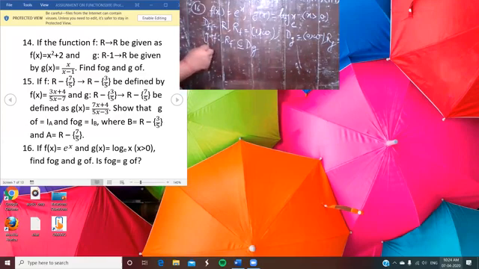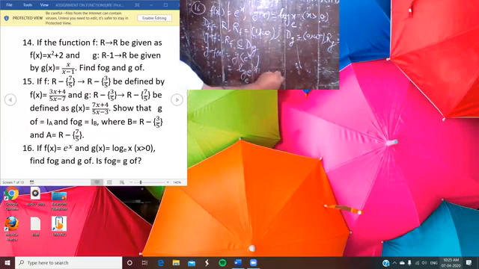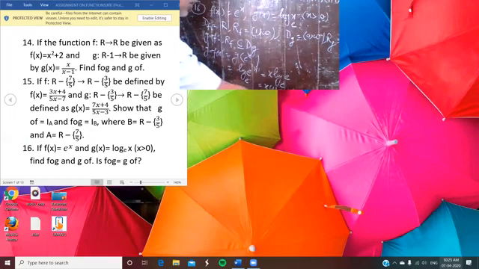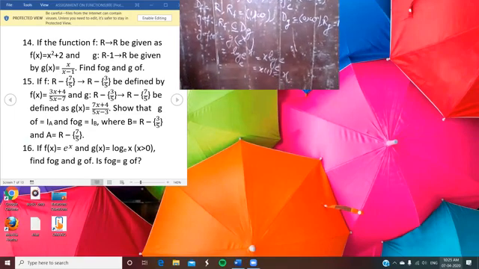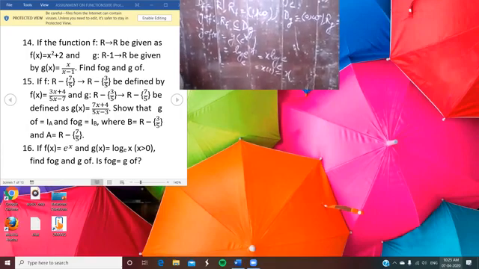So g of f(x) is equal to g of the value of f(x). The value of f(x) is e to the power x. Now putting that value in g, you have log e to the power x base e, and that can be written as x log e base e, and log e base e is equal to 1. So here you have x into 1, that is equal to x. So its value is again x.